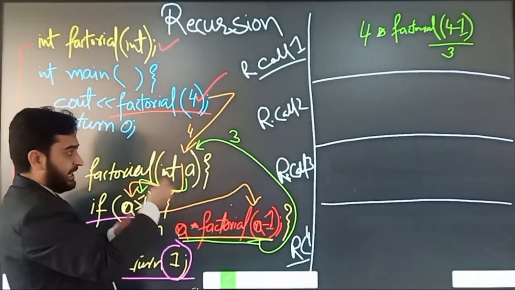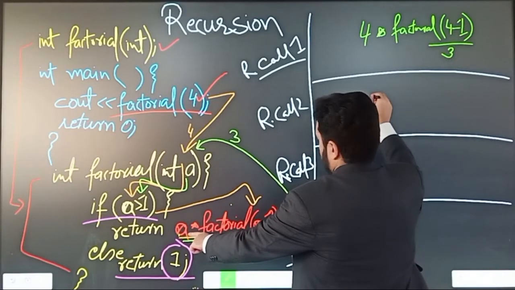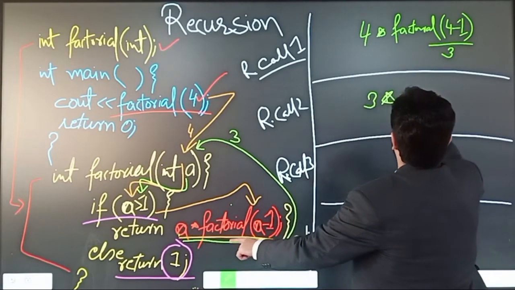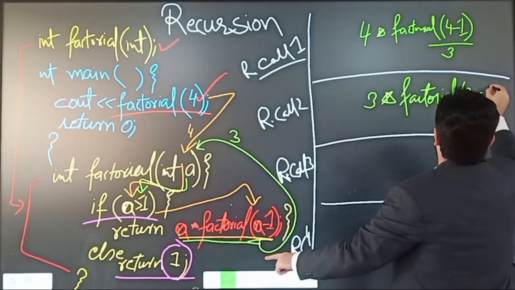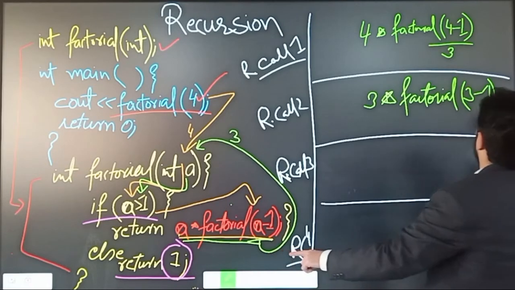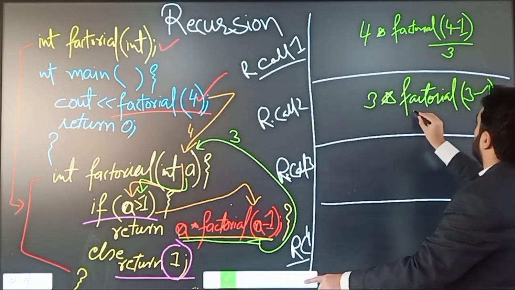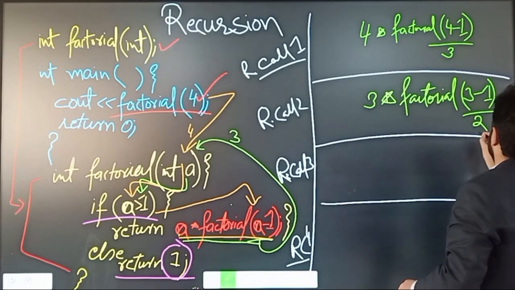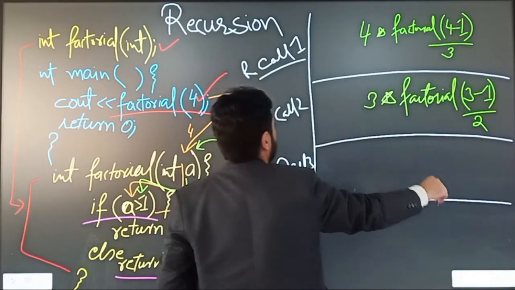This is the second recursive call where the value of a is 3 multiplied by factorial 3 minus 1. So we are going to call the factorial function again with value 2, because 3 minus 1 is equal to 2.